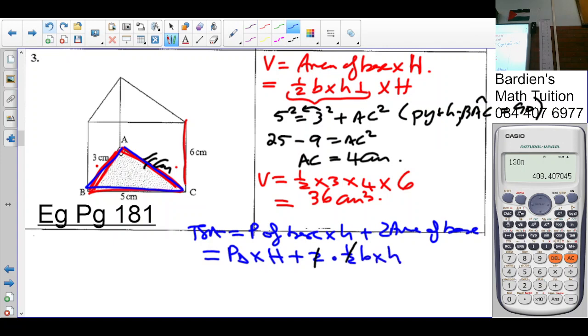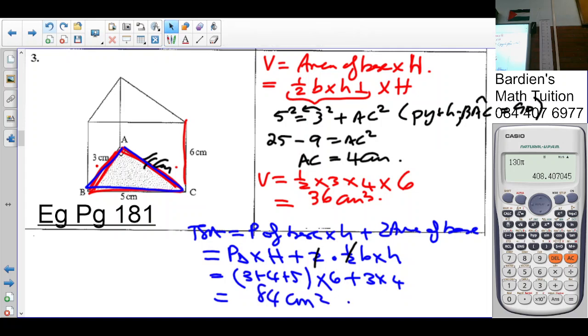That cancels. 3 plus 4 plus 5 times the height, which is 6, plus the half and the 2 cancel, your base, which is 3, times your height, which is 4. 3 plus 4 is 7 plus 5 is 12, times 6, plus 3 times 4, which is 12. That gives an answer of 84.